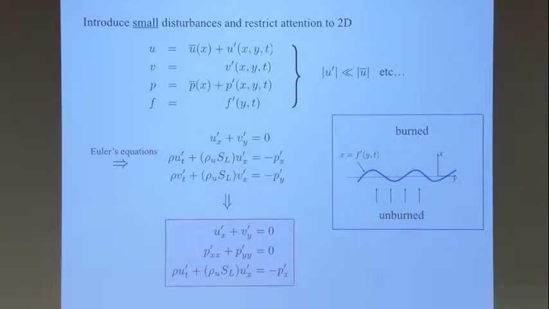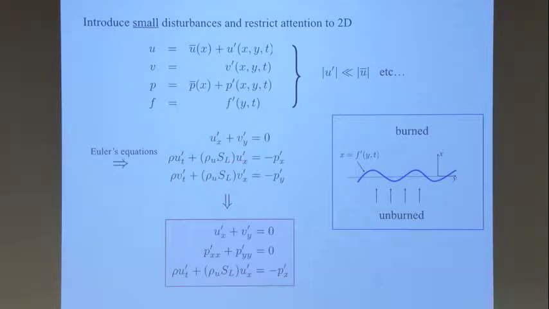Remember that in doing this, we have assumed that the perturbations are small, and so all quantities that are products of primes are quadratic or higher order terms, and they are negligible, right? So the system is now a linear system.